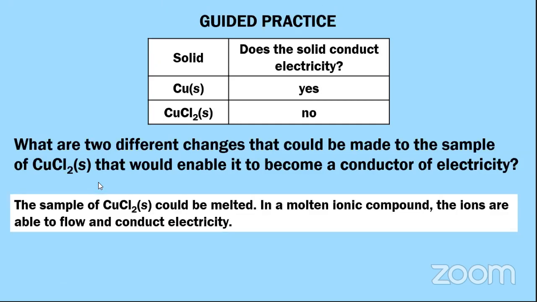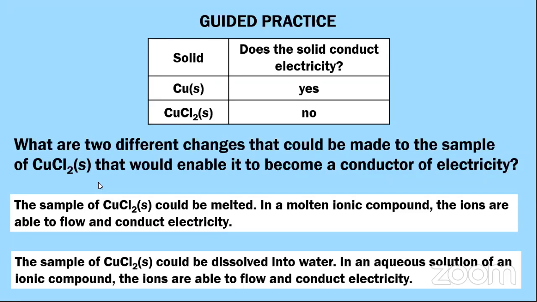So in the molten form, then the ions are able to flow and move and conduct electricity. Or we could take a sample of solid copper chloride and dissolve it into distilled water. And in aqueous solution, now the ions are broken up from that matrix and they're able to flow and move. And a solution of salt water, copper chloride dissolved in water, aqueous, could conduct electricity.